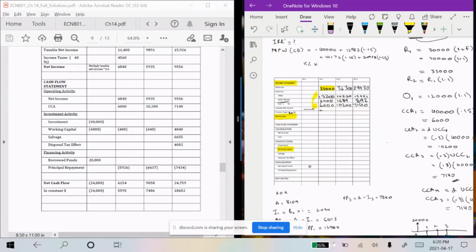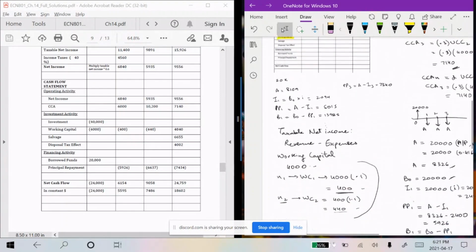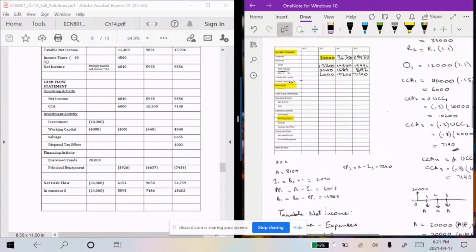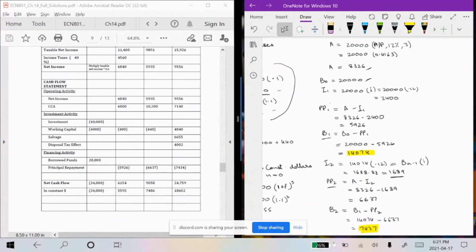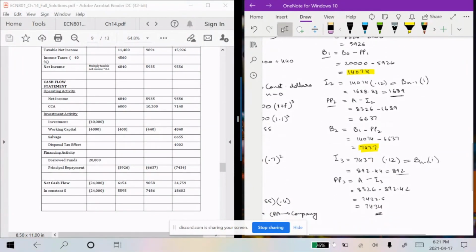Yep, we had done the CCA. Okay. So yeah, we got the interest in the first period right here. It's 2,400. The interest in the second was 1689, and the interest in the third one is 892.